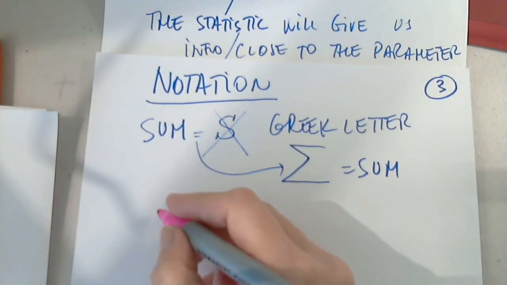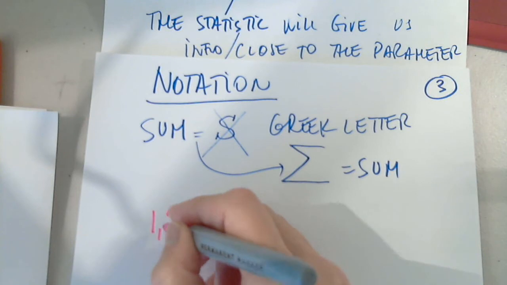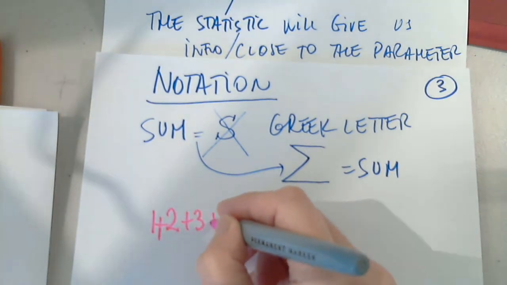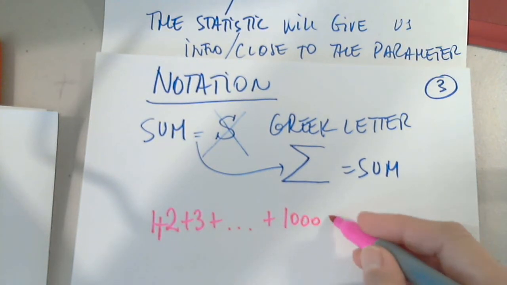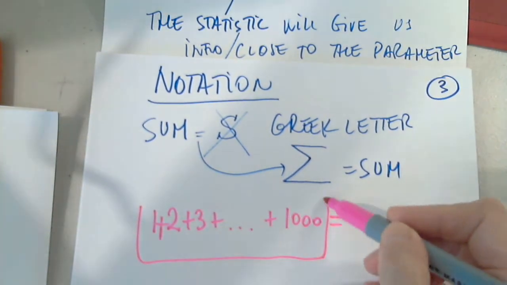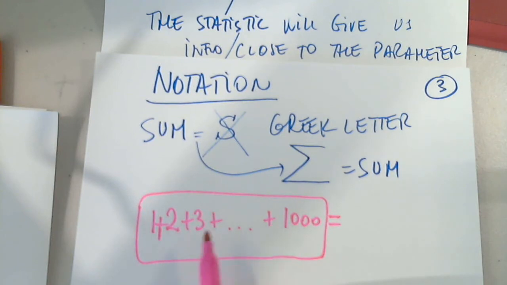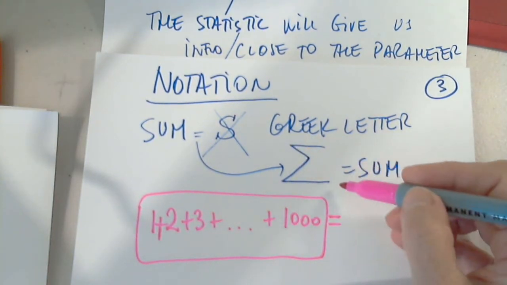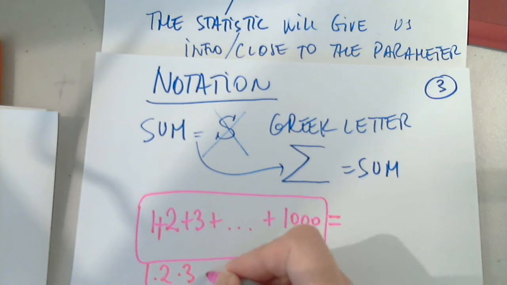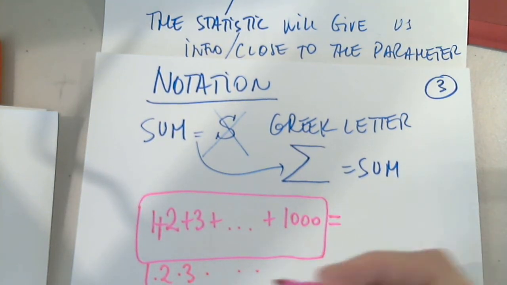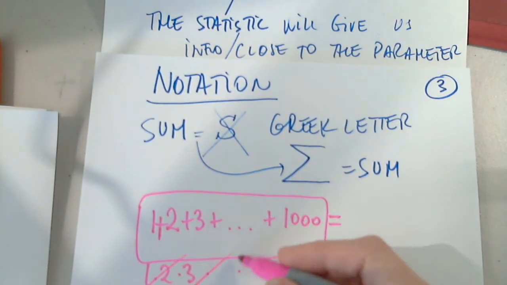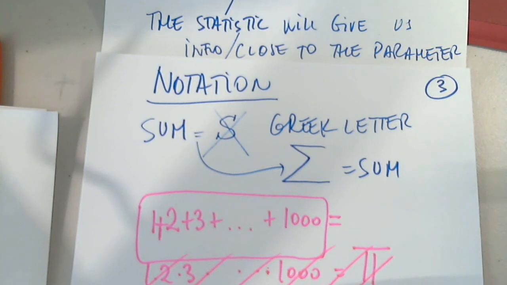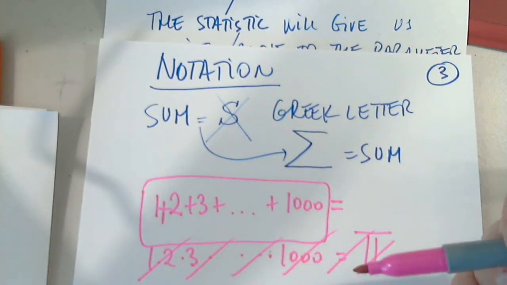So let me explain. Let's say I want to add 1 to 2 to 3 to ... 1,000. Here's another way of writing all this, because it's a sum. If it's not a sum, I cannot use the sum. If it's a product or anything else, I use other notation. For the product, we have the pi notation, but this is not important for us. We're going to only focus on the sum.